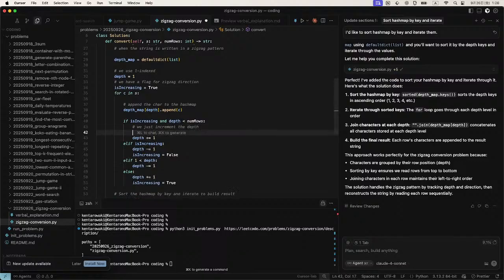The zigzag line is going down, and in this case the depth equals the number of rows, so we should return the zigzag.